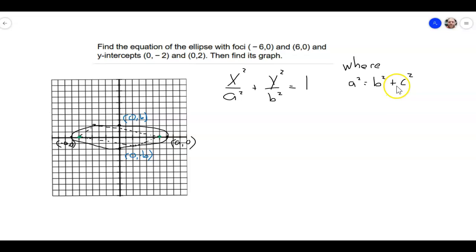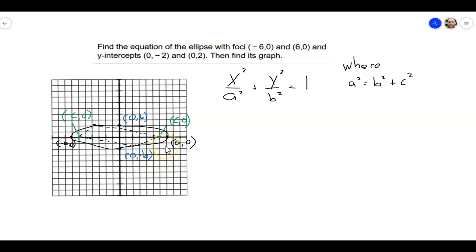And c here, that's the foci. So let me do that in green. If we are stretched horizontally like we are, then that is going to be (c, 0), and over here will be (-c, 0). All right, so this is how all three letters correspond.